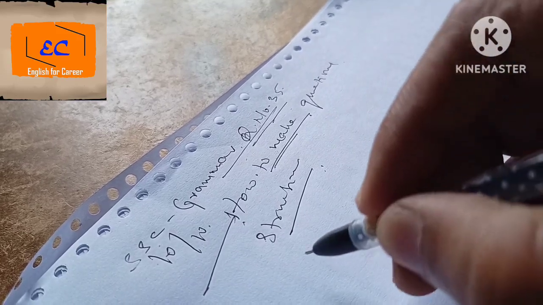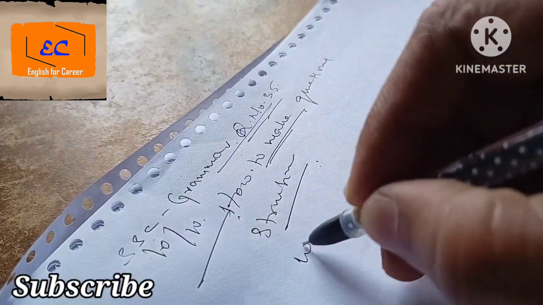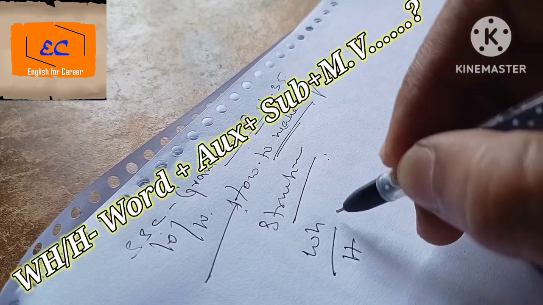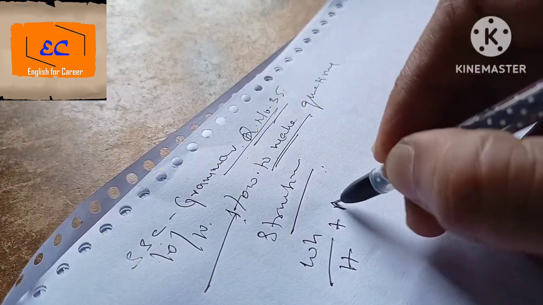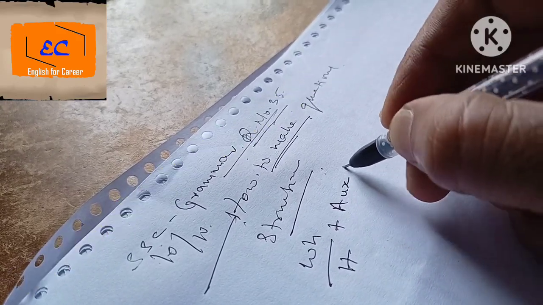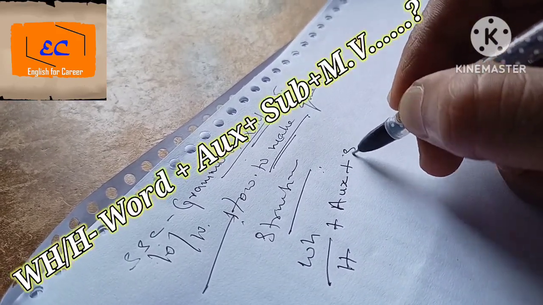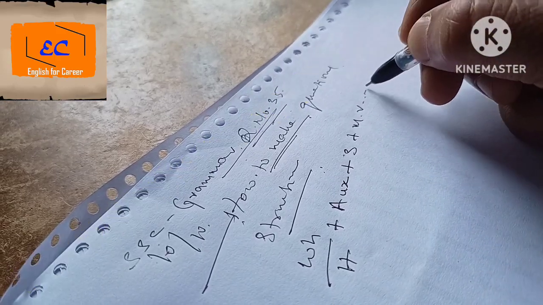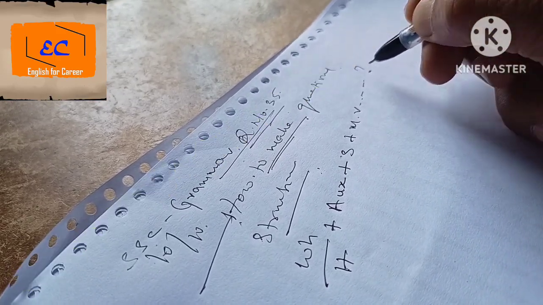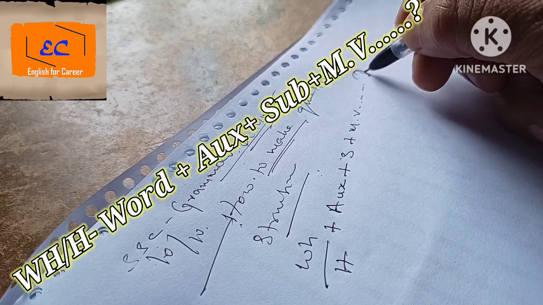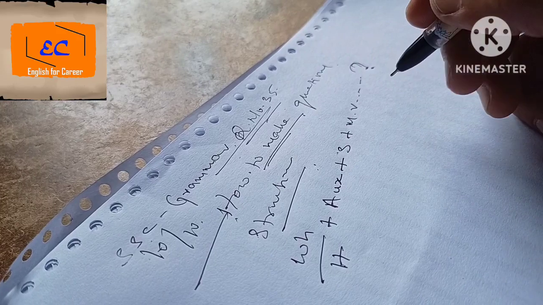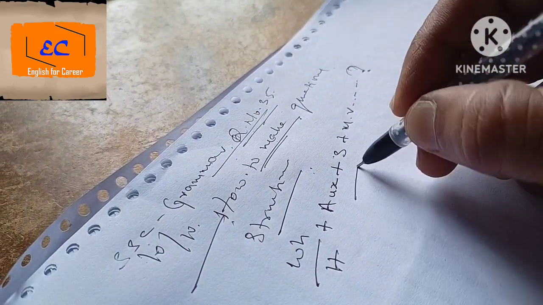Generally the structure of the question is WH word or H word plus auxiliary plus subject plus main verb, the remaining part, and finally a question mark. These things must be there when you prepare a question. Then only it is considered a question.